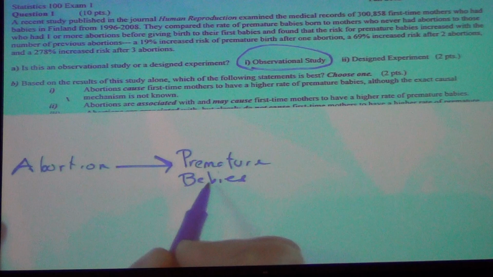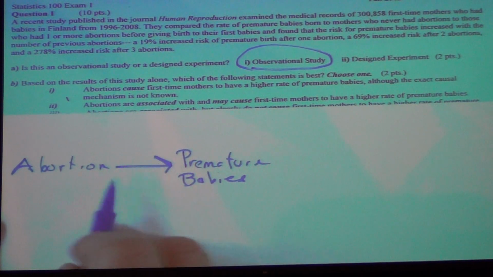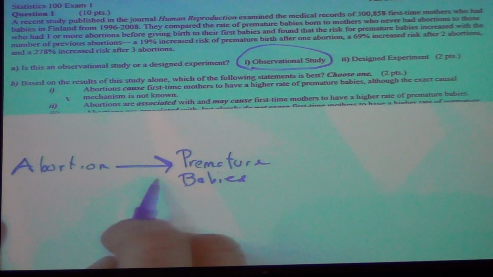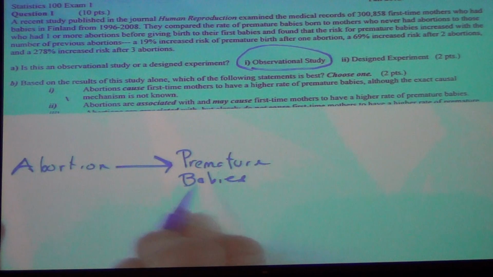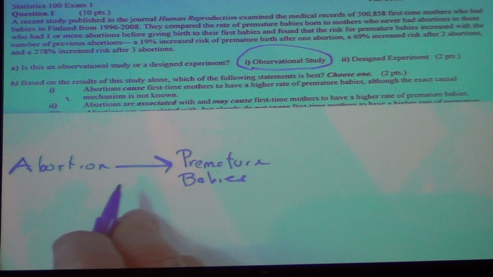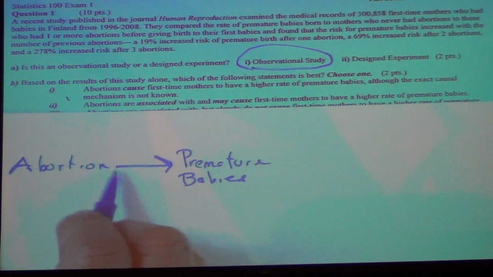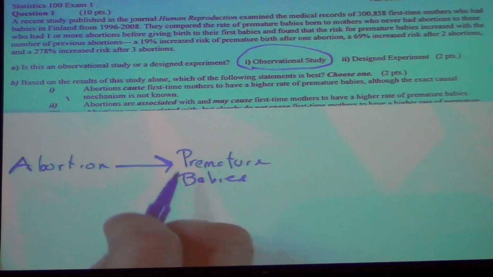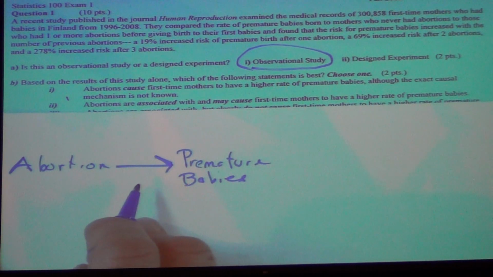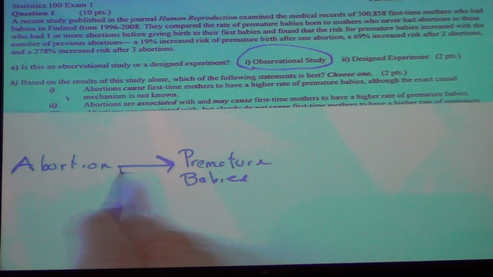It raises your risk for having premature babies, although the exact causal mechanism is not known. That's what this first one's saying: the abortions are doing it. There's something about having an abortion. You don't know what it is, but maybe it's like destroying your uterus or something, so it can't function well to then support a full-term baby. It's doing something. You don't know what the mechanism is.